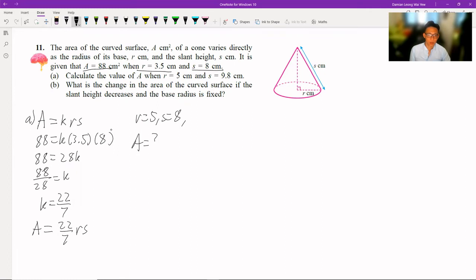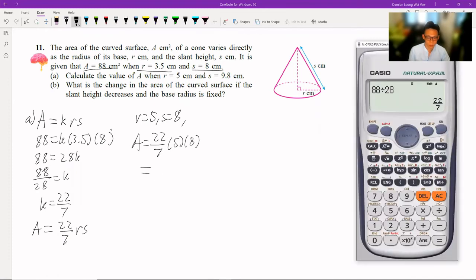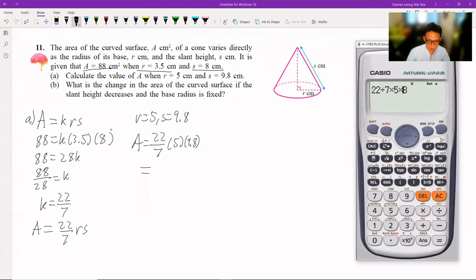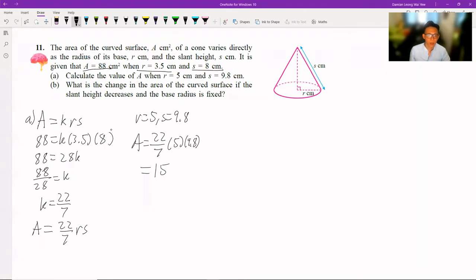A will be equal to 22 over 7 times 5 times 9.8. Sorry, my mistake, not 8, 9.8. So it's 154.